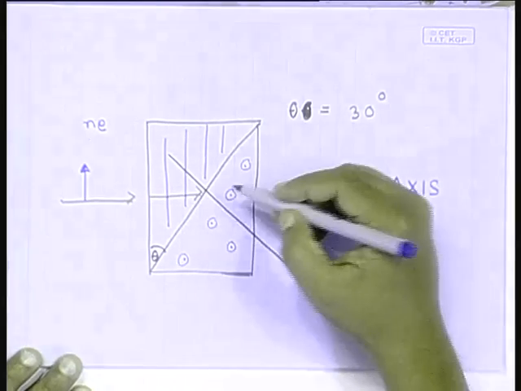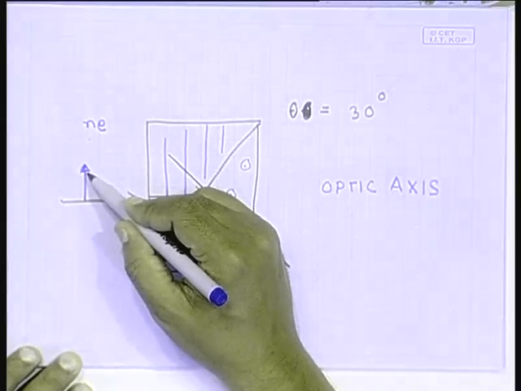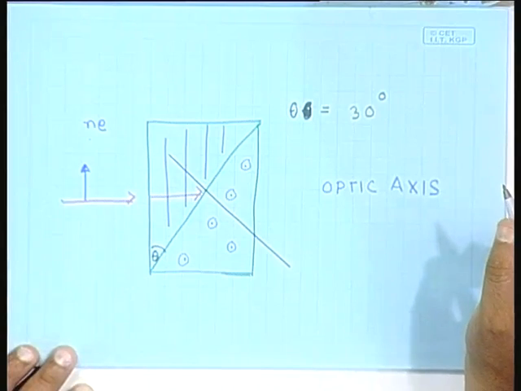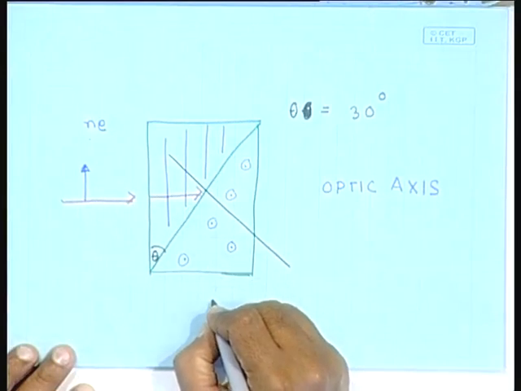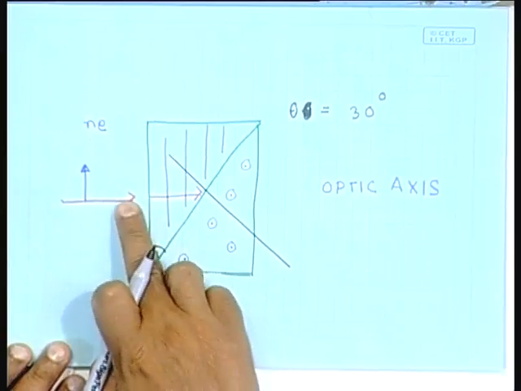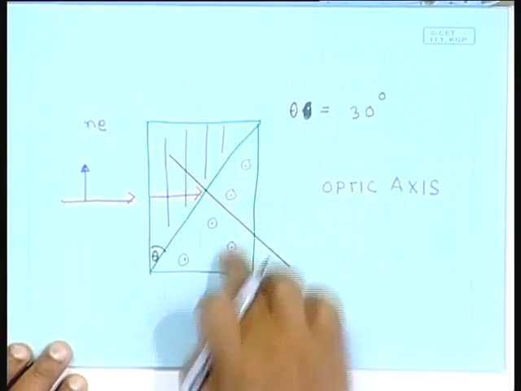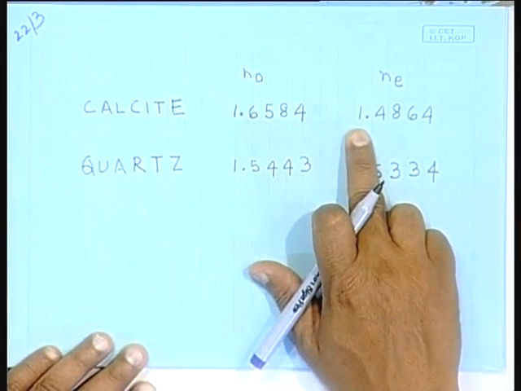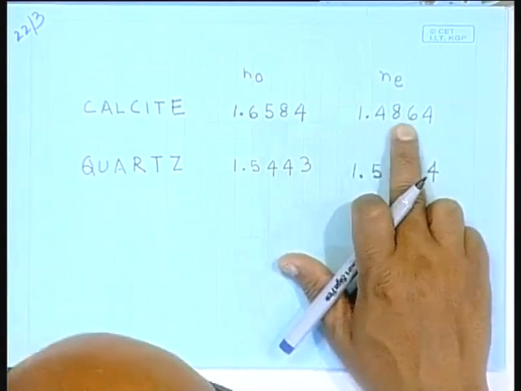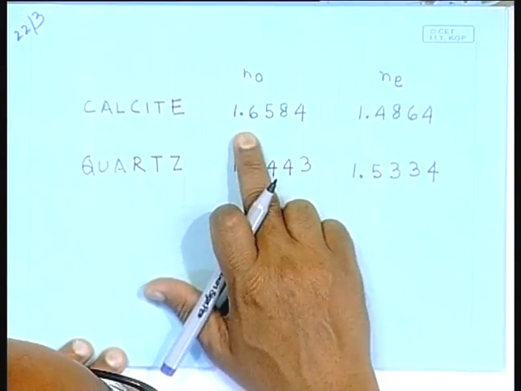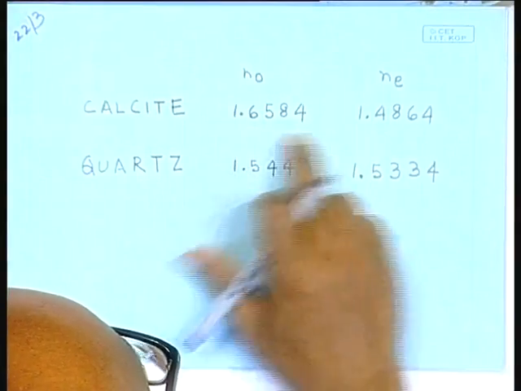Inside the second prism, this wave becomes the ordinary wave because this electric field vector is now perpendicular to the direction of the optic axis, and it will see a refractive index No. Ne has a value roughly 1.48, and the ordinary refractive index is 1.65.